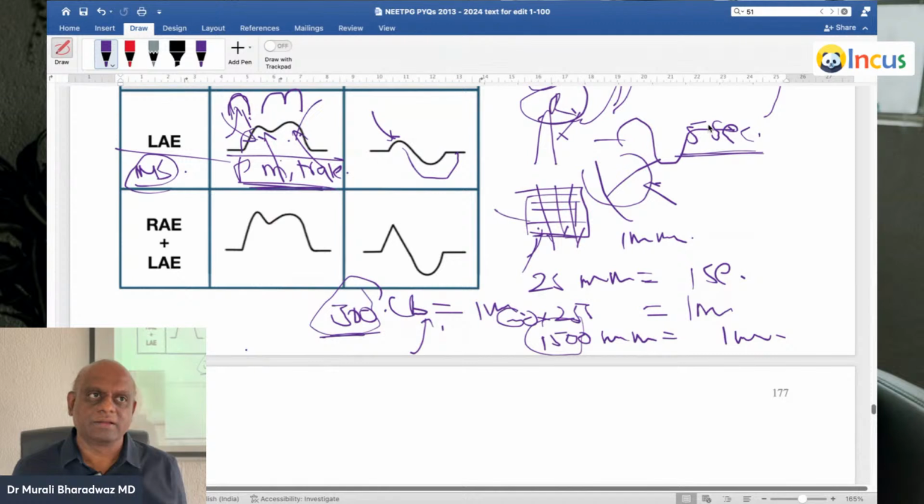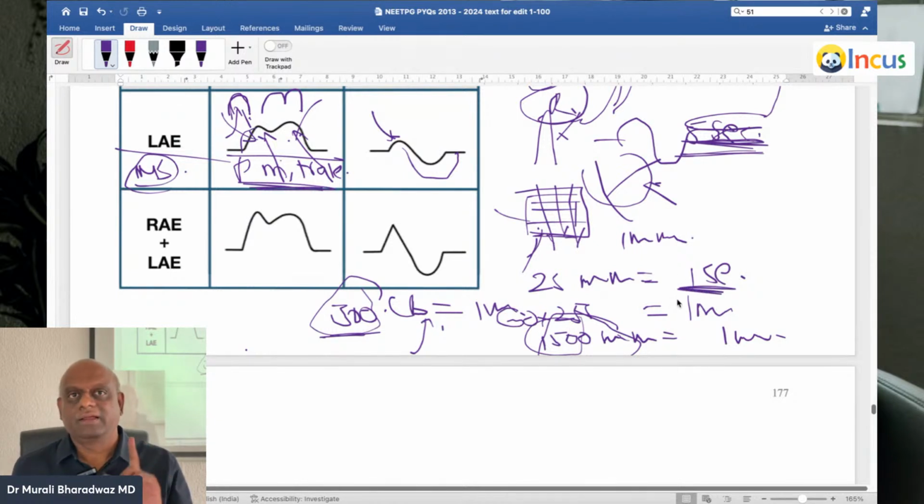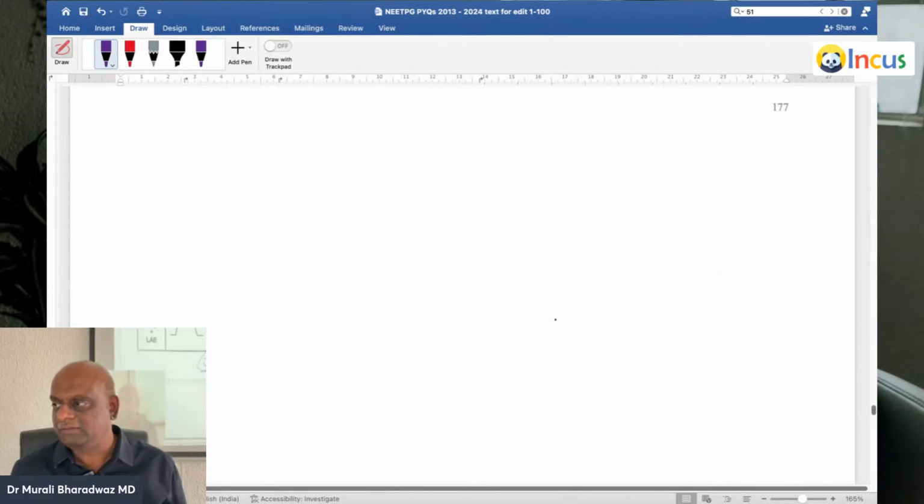Right? So not 5 seconds, sorry. 1 mm is equal to 1 second. So 60 seconds is equal to 1500 mm. And if it is a large box, each large box is equal to 5 mm. That's the reason 1500 by 5 is equal to 300, which becomes the numerator. Okay.